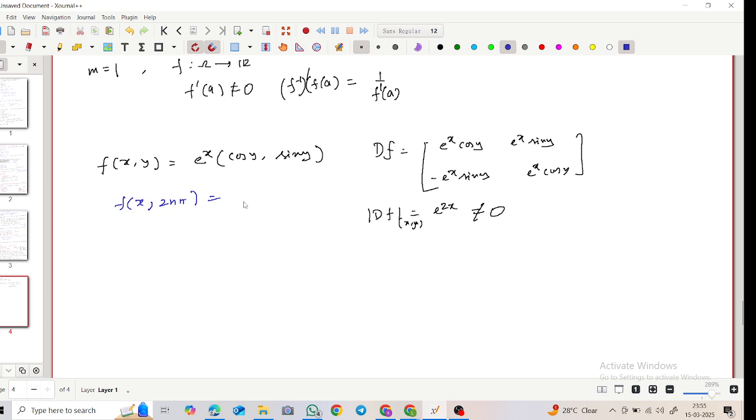Anyone? I'm not expecting this from a BSc student. I'm only expecting this from students who have completed MSc. Anyone? It is the holomorphic function from complex analysis. This is the function where f of x plus iy is just e to the power x plus iy, which is e to the power x into e to the power iy, and that's what I have written.